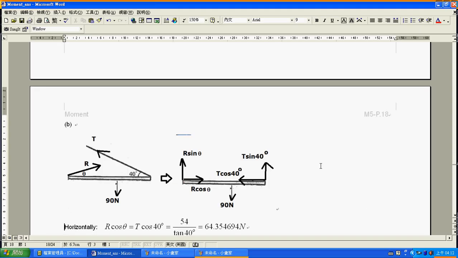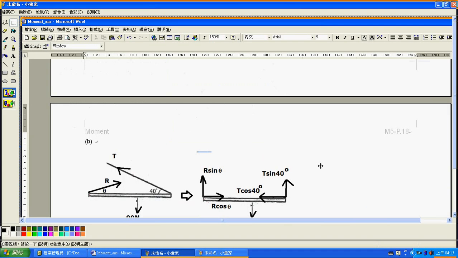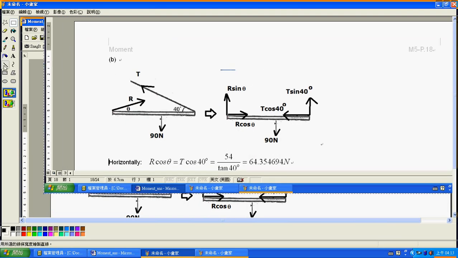So now in this part of the question, we've got to add one more force. So we add one more force, which is 10 newtons.